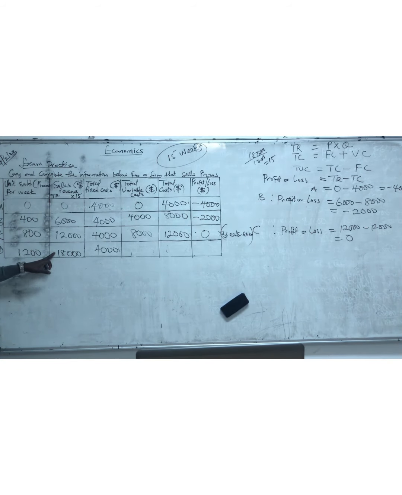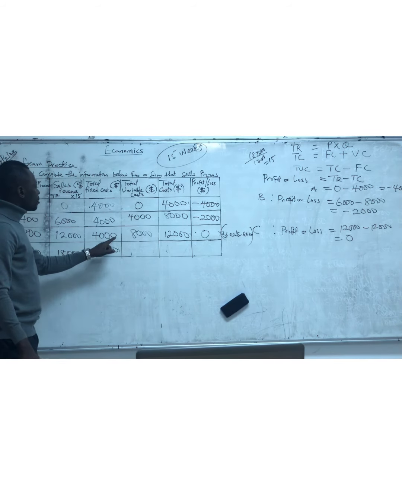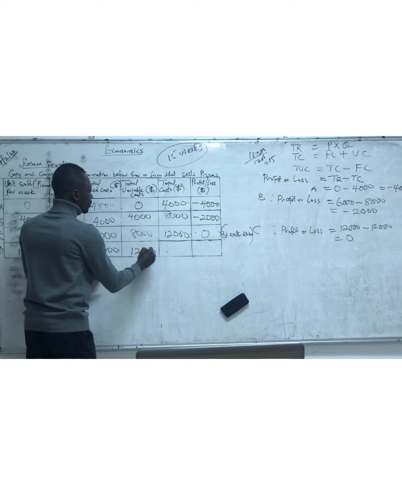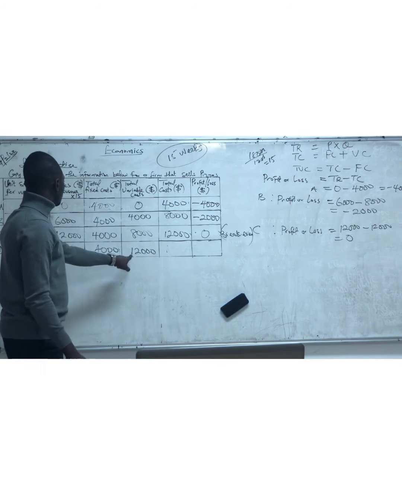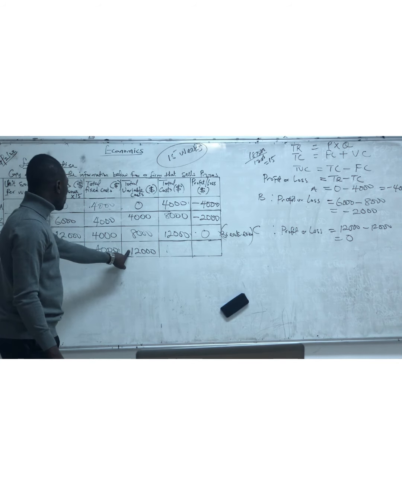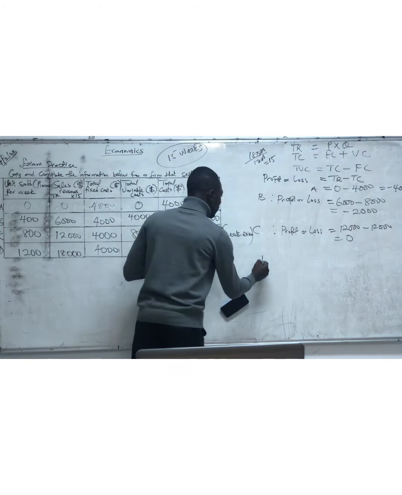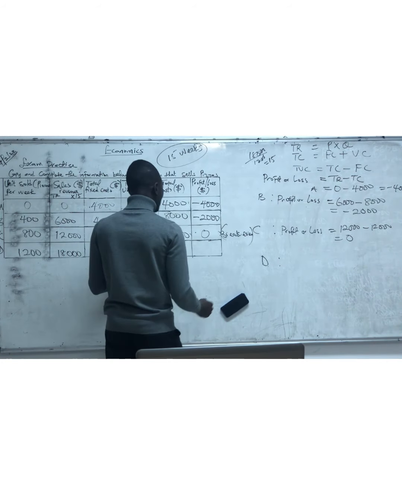And the last one, 1,200 times 50 gives you 18,000, right? Are you with me? Yes. Okay. So 4,000 plus 8,000 will be what? 12,000. So your total variable cost plus your total fixed cost gives you your total cost. So for D, that's 16,000.